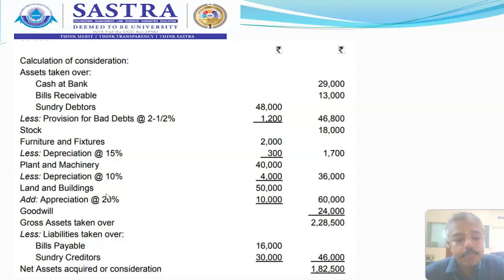And plant and machinery. The depreciation is most important here. They depreciated the value at 10%. So plant and machinery is 40,000, and out of 40,000, 10%, that is 4,000, has to be subtracted. So now the amount of 36,000 is the realizable value of plant and machinery.